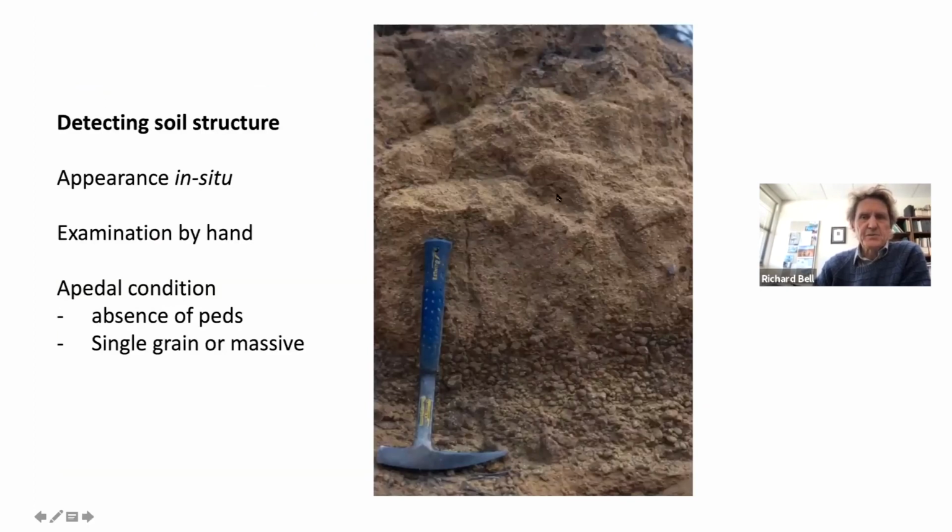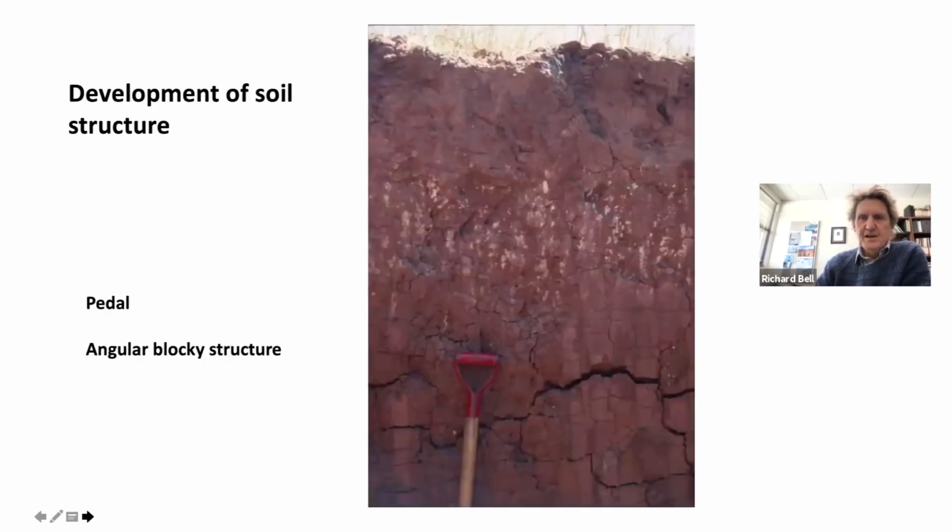And the best way to look at structure is in the field using a pit or a section. Often if you use an auger, it mashes up the soil and you can't accurately assess the structure. And one of the ways in which you're going to see whether there is structure or not is looking at the way in which the soil cracks.